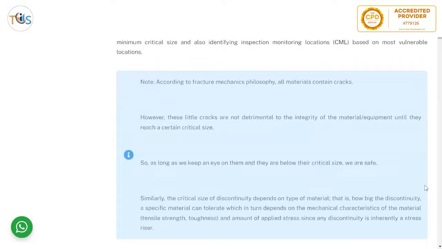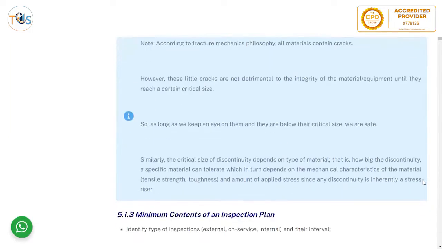According to the fracture mechanics philosophy, all materials contain cracks. However, these little cracks are not detrimental to the integrity of the equipment until they reach a certain critical size. So as long as we keep an eye on them and they are below their critical size, we are safe.